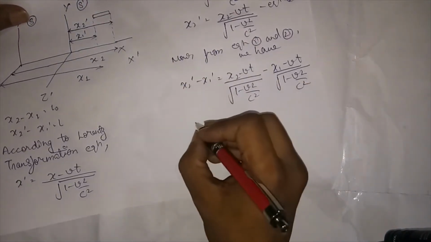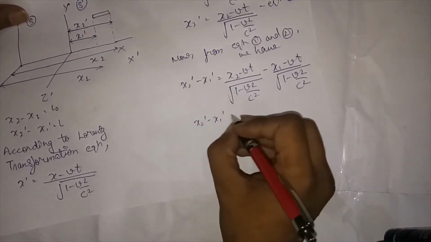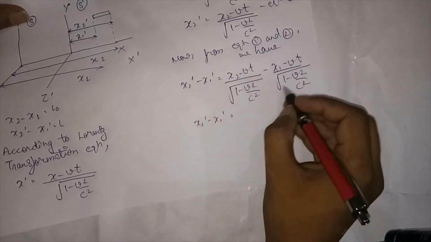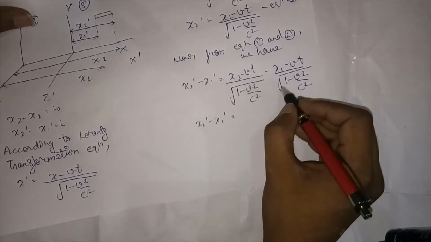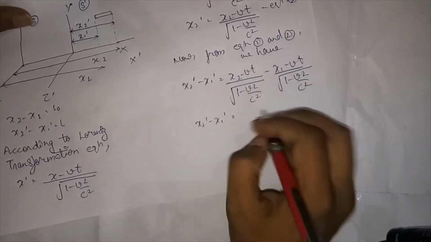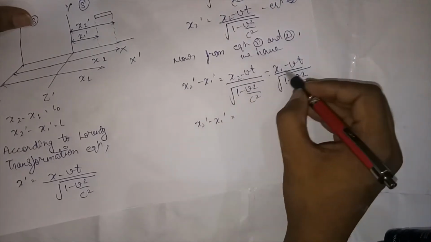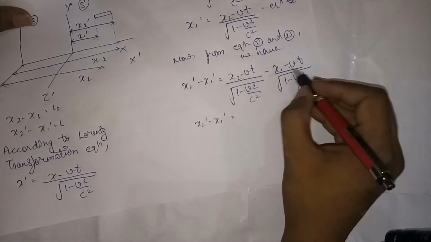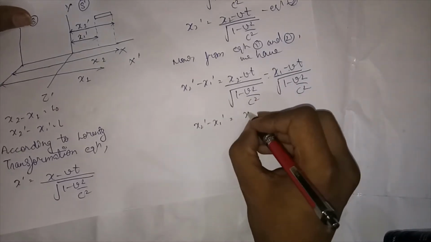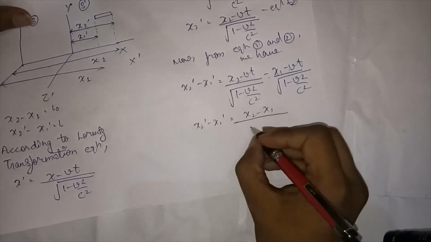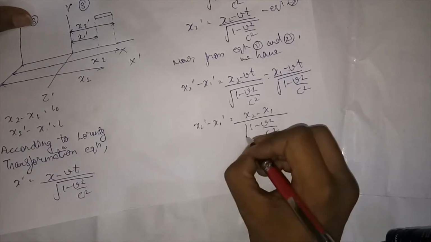Now subtracting both the equations, as both of them have the same denominator, we will subtract them directly. So vt and vt cancel out each other because minus minus becomes positive. So we will be left with x2 minus x1 upon under root 1 minus v square upon c square.